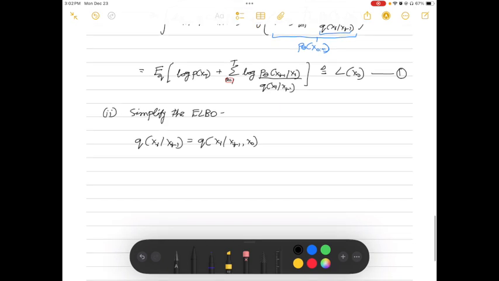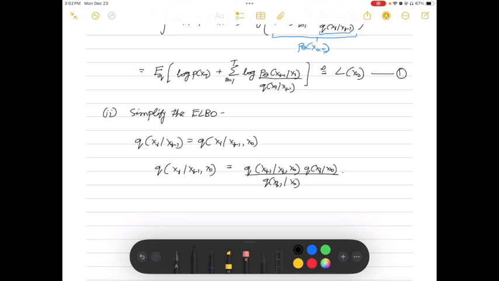And we can further simplify this by using the Bayes rule. The Bayes rule for three variables says this conditional can be written as q of xt minus 1 given xt and x naught times q of xt given x naught divided by q of xt minus 1 given x naught.